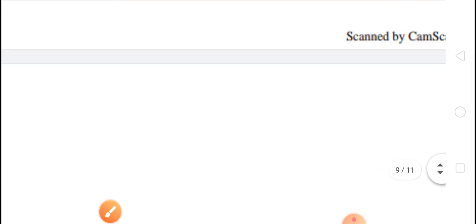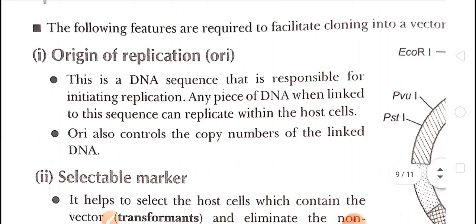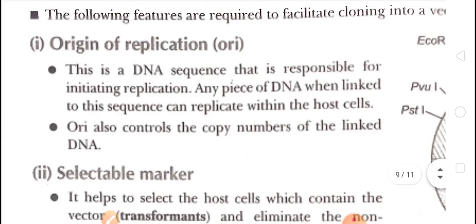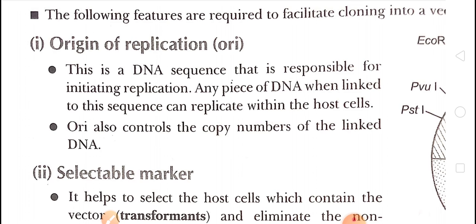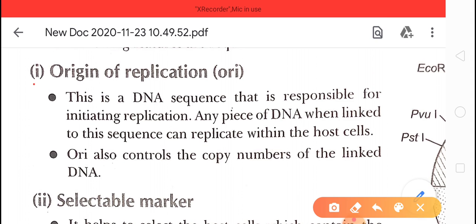Next, some features of the cloning vector. In this we will discuss the features of the vector. The first feature is the ORI site, the origin of replication site. This is a DNA sequence that is responsible for initiating replication.